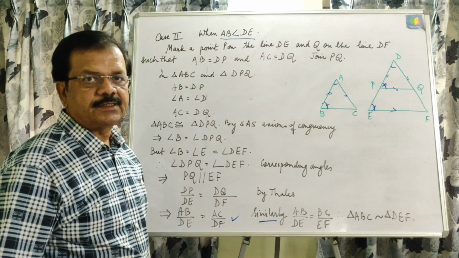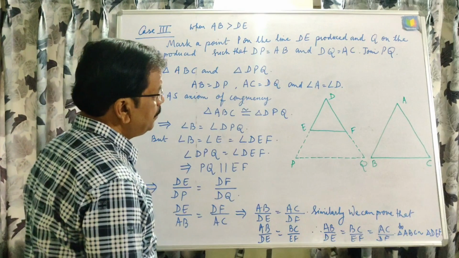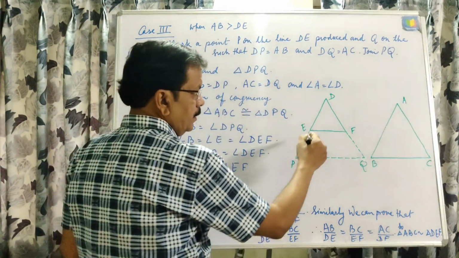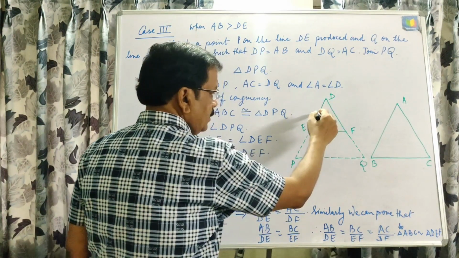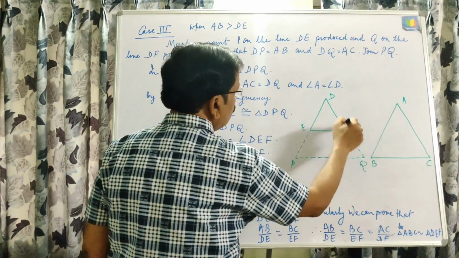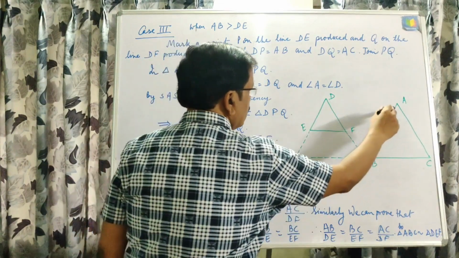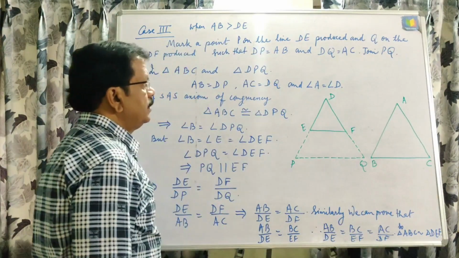Now in the third case, if AB is greater than DE, again we mark a point P on DE produced and Q on DF produced, such that DP is equal to AB and DQ is equal to AC.